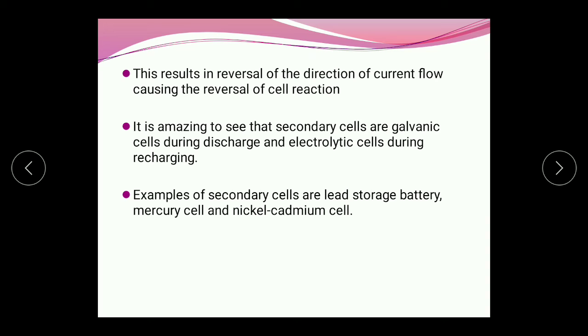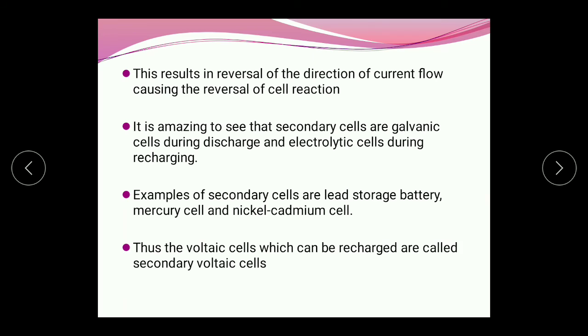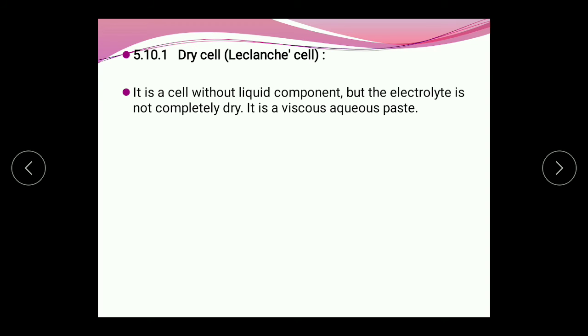We are going to see the examples of each type. The first type, that is primary voltaic cells, the example we are going to learn about is the dry cell. So, this is a primary voltaic cell. We call it the Leclanche cell. Now, the name suggests that it is a dry cell.